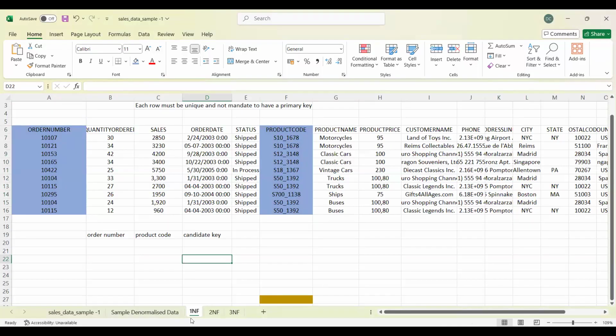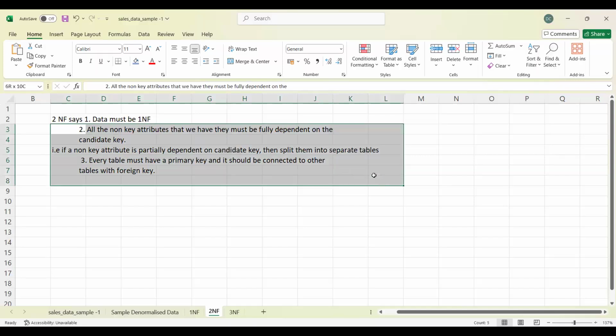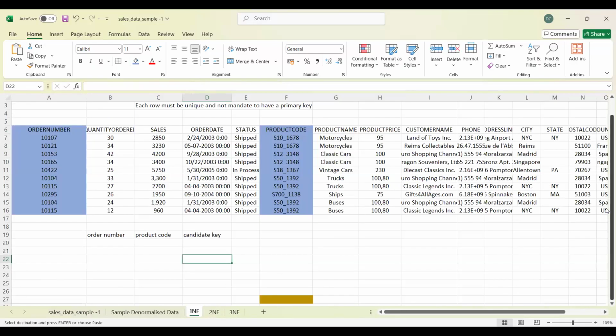Okay. Now 2NF states that all the non-key attributes that we have must be fully dependent on the candidate key. Let me copy this into that file. I will keep it here also.